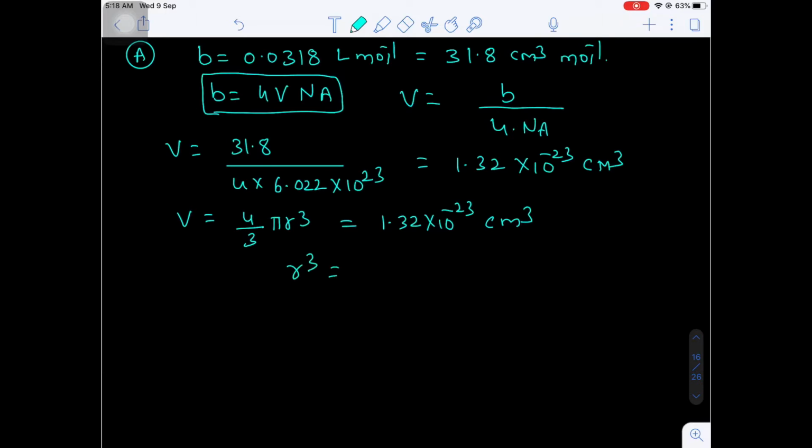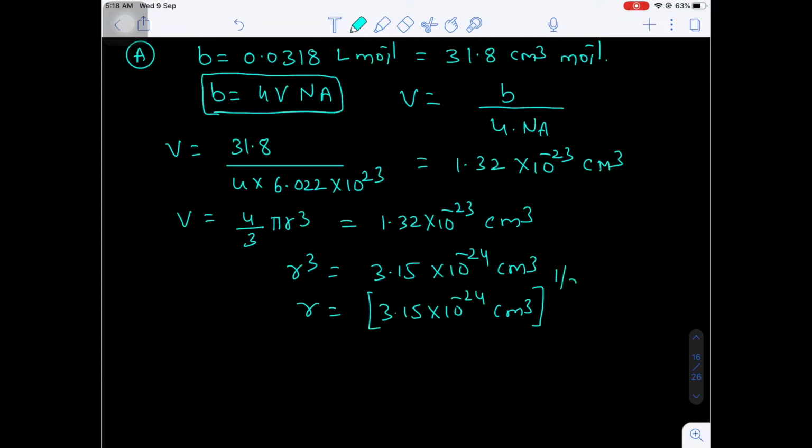From here, r cube equals 3.15 into 10 raised to minus 24 centimeter cube. So r is equal to the cube root of 3.15 into 10 raised to minus 24 centimeter cube.